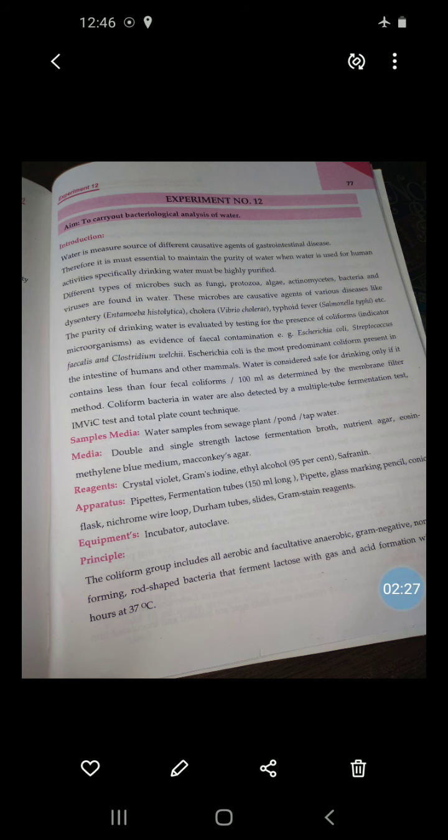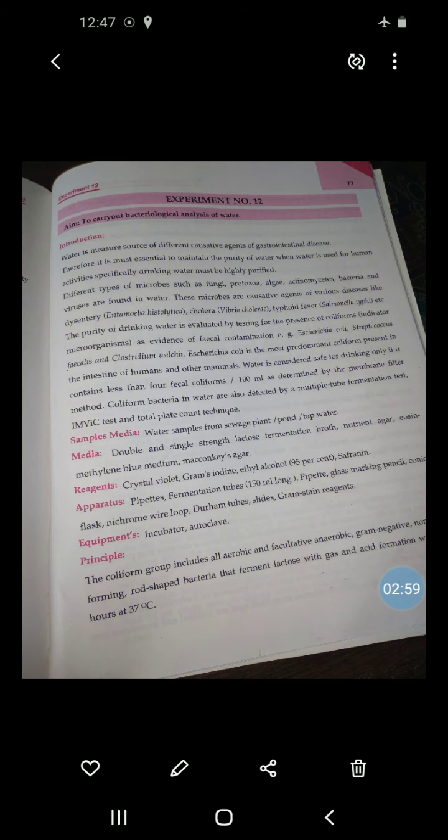Coliform bacteria in water are also detected by the multiple tube fermentation test, the immune test and the total plate count technique. Then we'll see the sample and media. Water samples from a sewage plant, ponds or tap water. Media: double and single strength lactose fermentation broth, nutrient agar medium, eosin methylene blue medium, and lastly McConkey's agar medium.